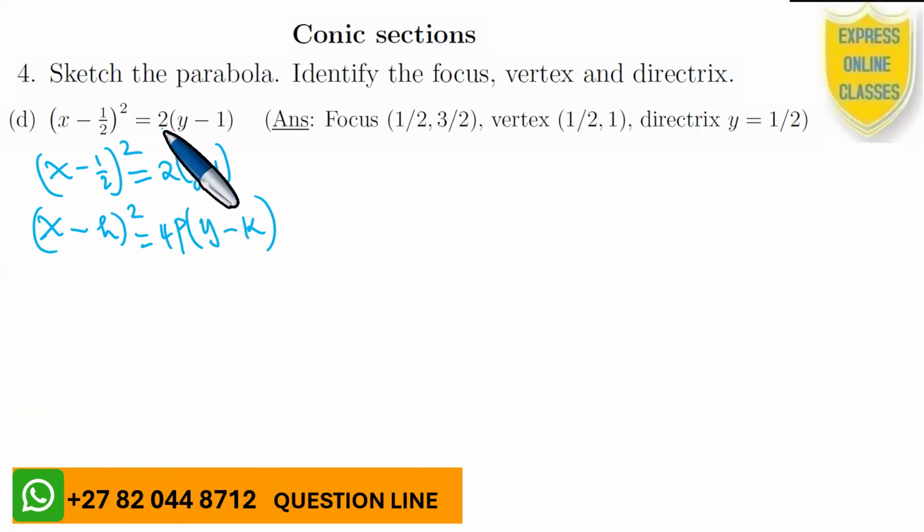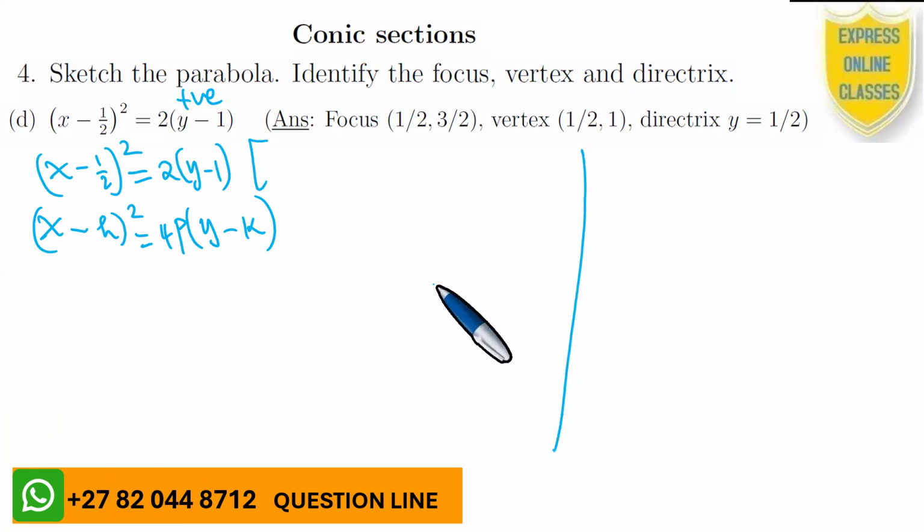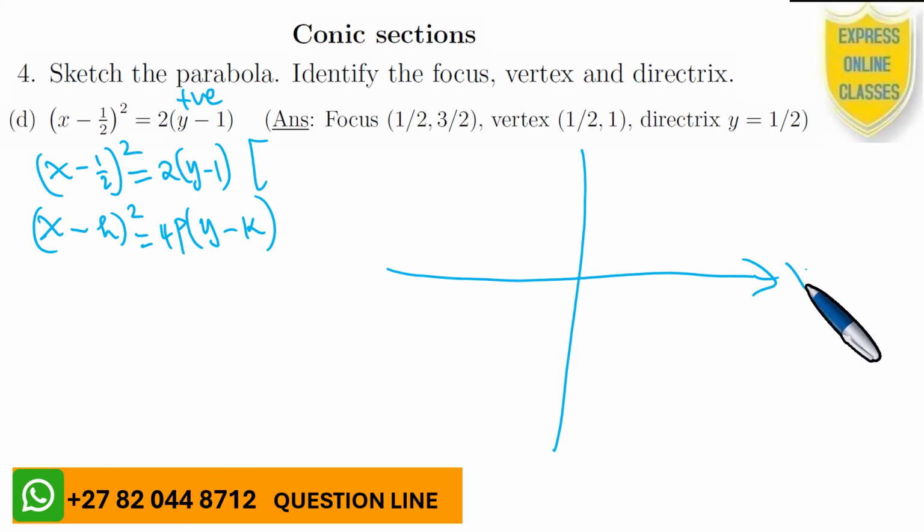But because it is 2y, y is positive upwards. In other words, this one is going to open on the positive y, since there's a plus 2y. So y is positive here, and y is negative there, which means that it opens upwards.